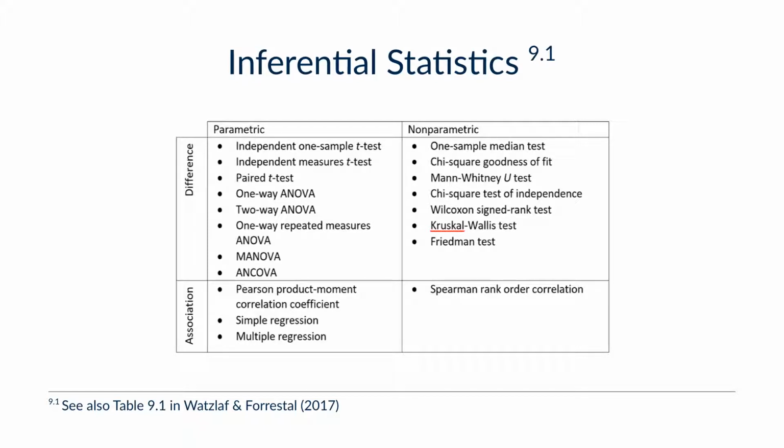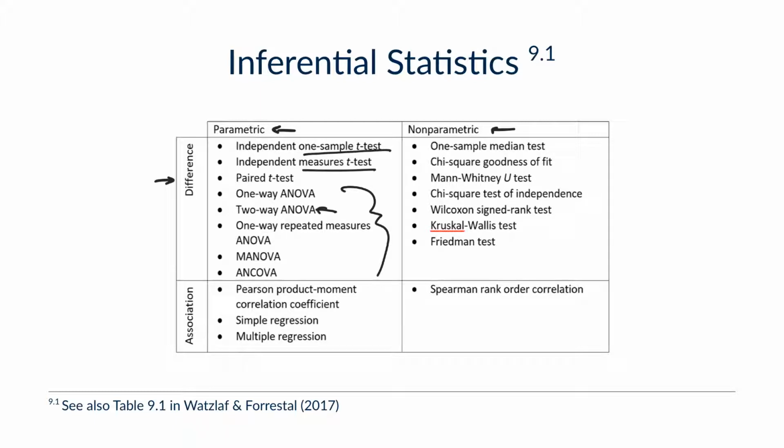We're not going to go into this in a lot of detail right now, but our text gives an excellent set of tables. This is one from the slides that came with our textbook. We can see that if we have parametric data versus non-parametric data, these are the tests that we can look at. If we're looking for the difference between variables, these are some of the tools we can use. Here we've got our various flavors of ANOVA, and then we've got our t-test, one sample, independent measures t-test.